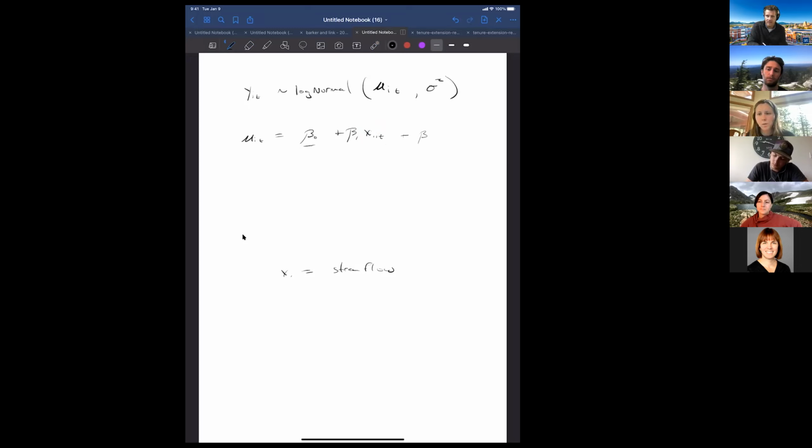Because of the nonlinear nature of seasonality, it's more of a sinusoidal relationship. We could treat these as factors where we have beta 2 times season 2 plus beta 3 times season 3 plus beta 4 times season 4.